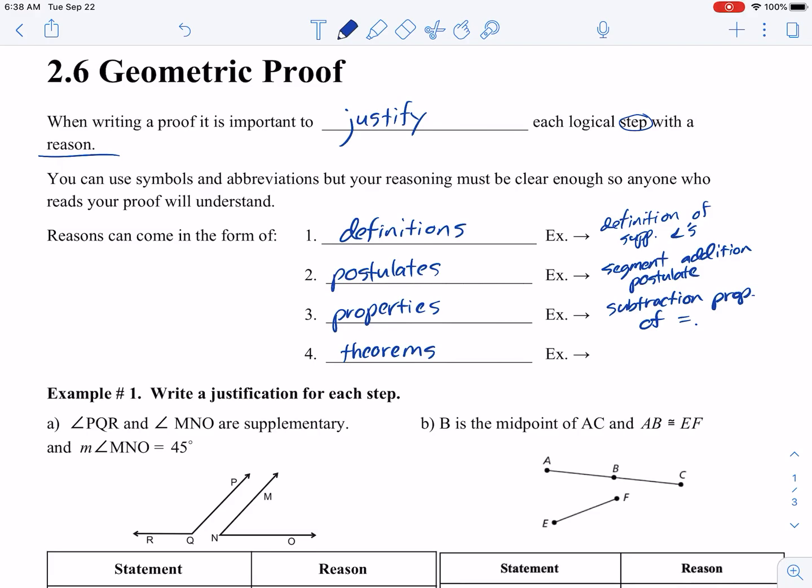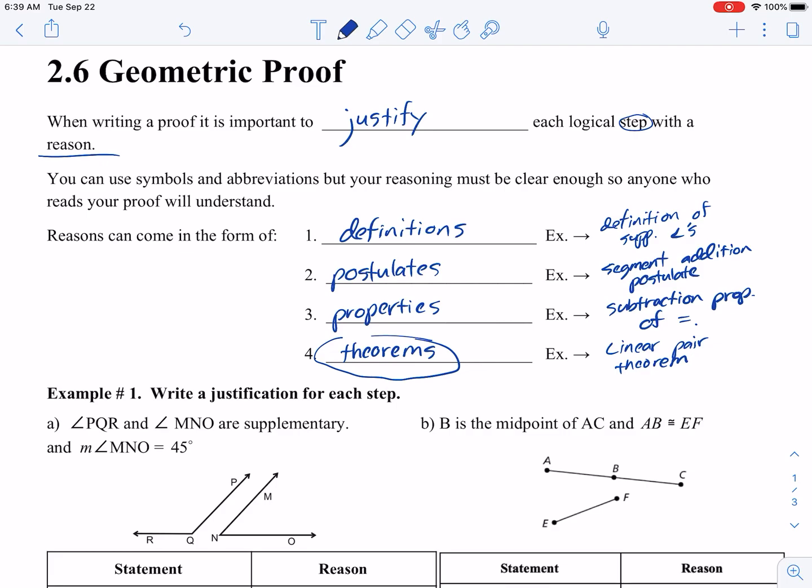And then theorems. Theorems is really what we're going to focus on today because we haven't listed out too many theorems. We've just stated what these theorems are, so we're going to use them in proofs today. But the linear pair theorem is an example of a theorem we might use in a proof. Right?